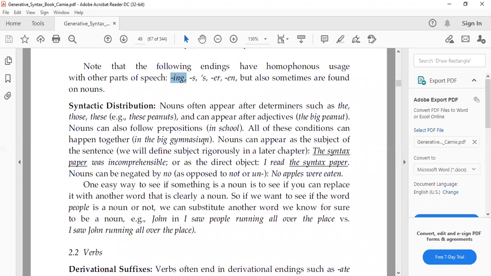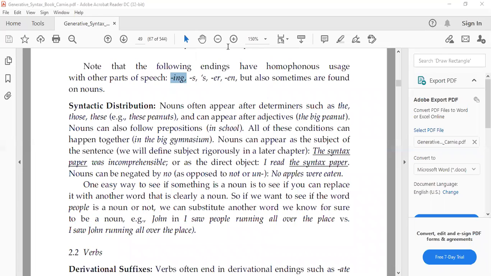If I say the dancing cat, dancing here is an adjective. It is an adjective. Okay.